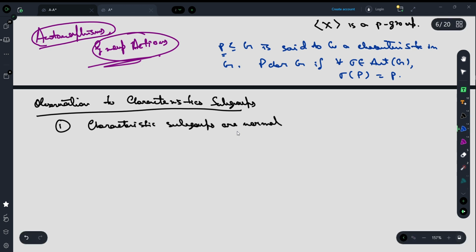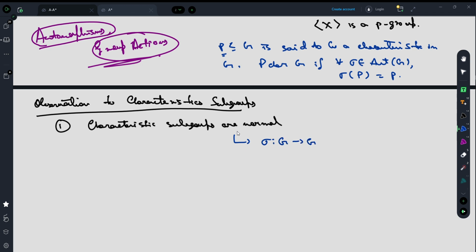How do we deal with this? If you recall, there is an automorphism defined on a group, which is said to be an inner automorphism, which sends every element in G to its conjugate.